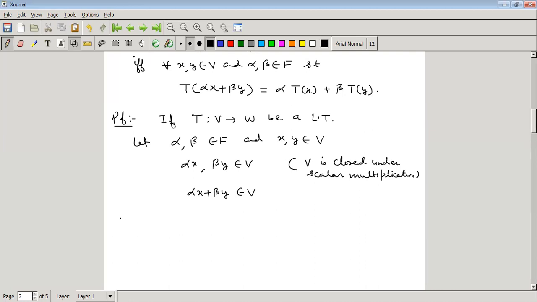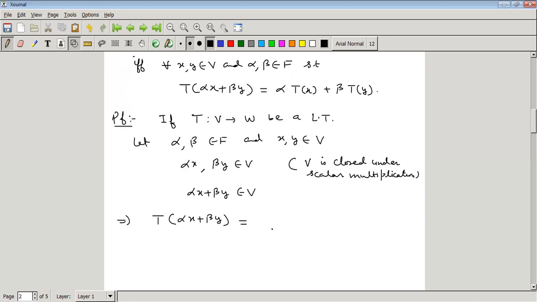Now, if this element belongs to V, we have to find the transformation T of alpha x plus beta y. If we take alpha x to be u and beta y to be v, then T of u plus v is equal to Tu plus Tv, because T is a linear transformation.